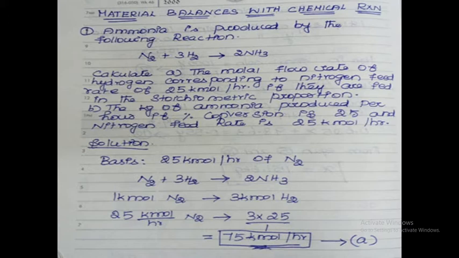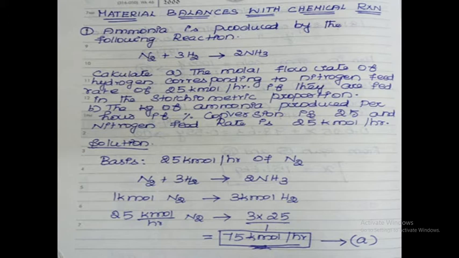Second question, kg of ammonia produced per hour if the percentage conversion is 25 and the nitrogen feed rate is 25 kilomole per hour. Are you clear or not?